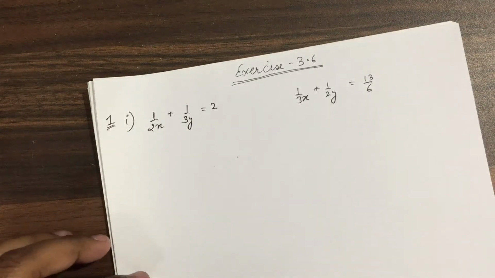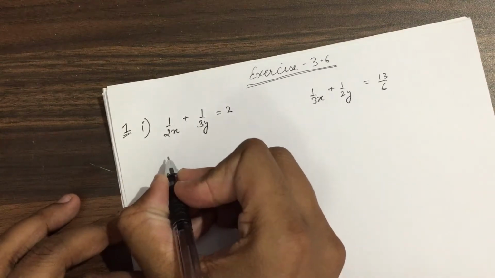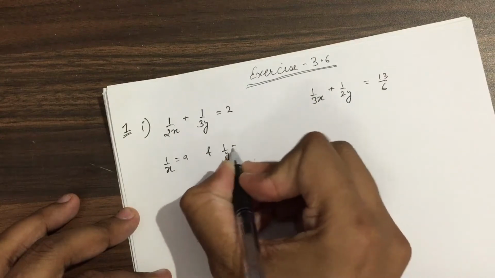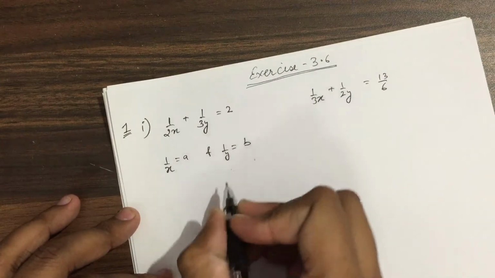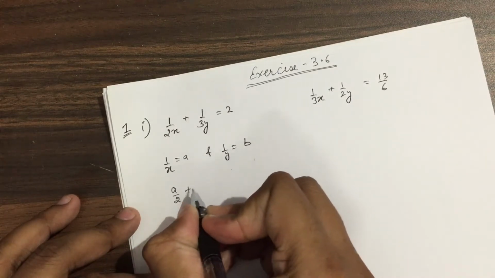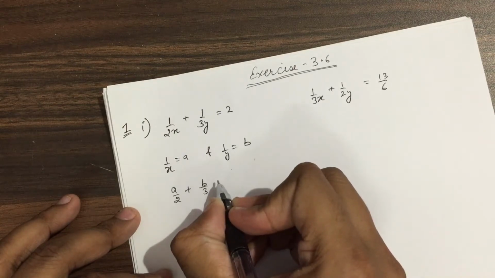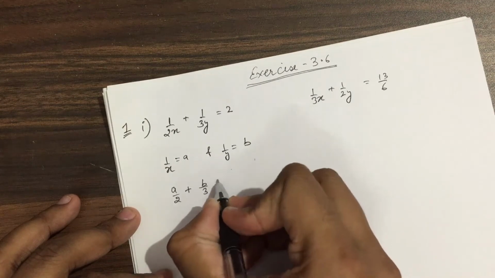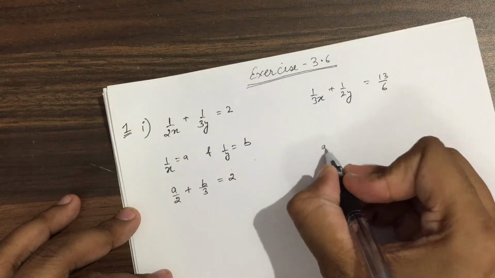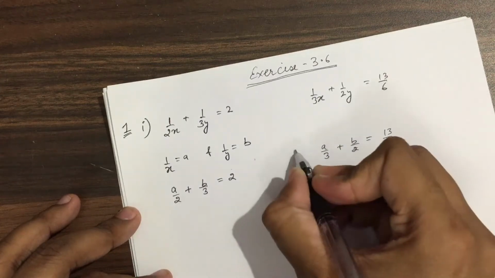In order to convert into standard form, we assume 1 upon x equal to a and 1 upon y equal to b. So this is reduced to a upon 2 plus b upon 3 equal to 2. Similarly, this is reduced to a upon 3 plus b upon 2 equal to 13 upon 6.